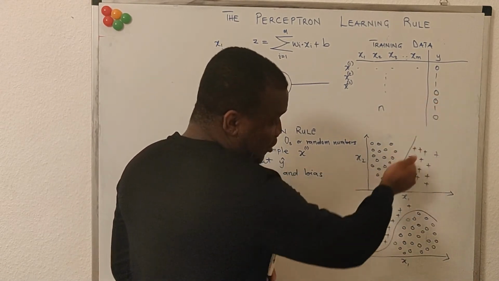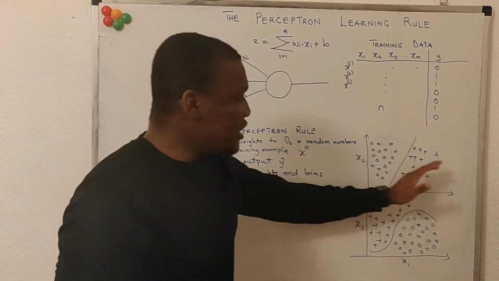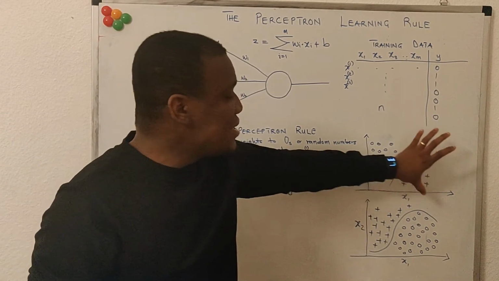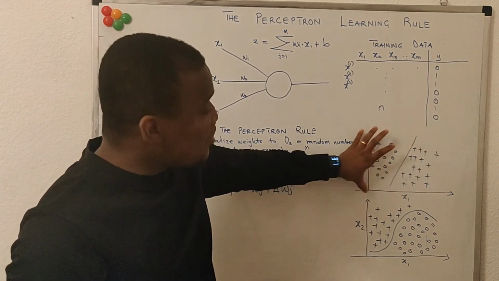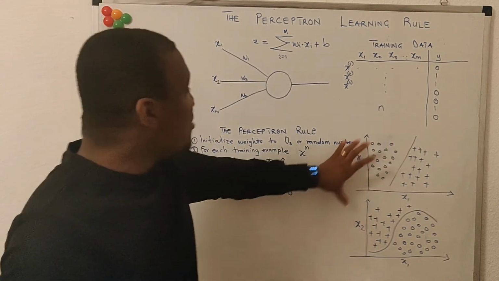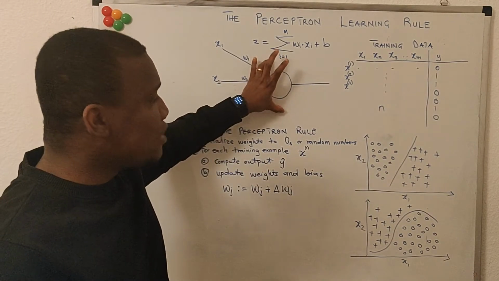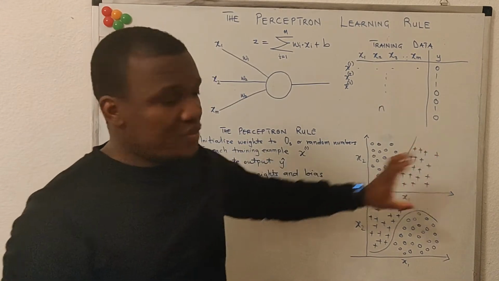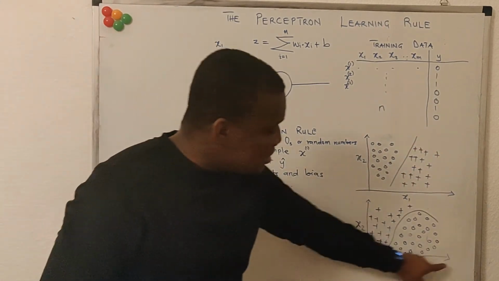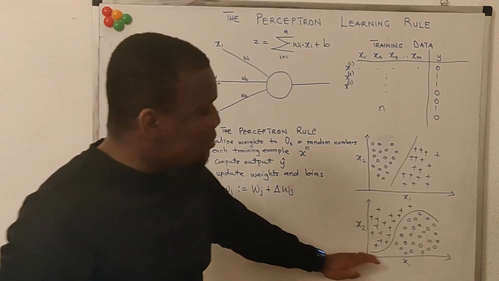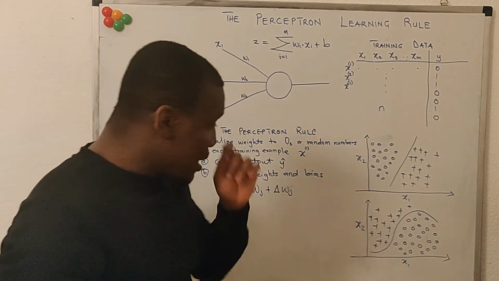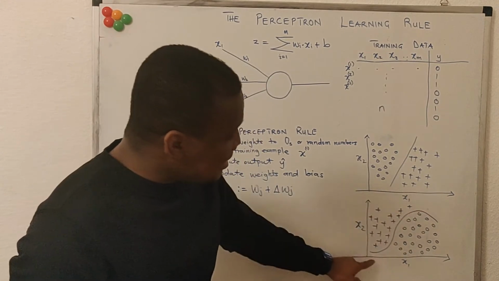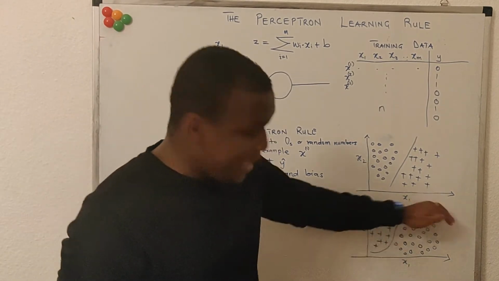The fact that we can draw a straight line to separate one class from the other is what makes this data set linearly separable. And this is the first requirement that must be met before the perceptron learning rule will work. It has to be linearly separable. So this graph here doesn't represent a linearly separable data set because it is not a straight line that is dividing them, it is rather a curve.